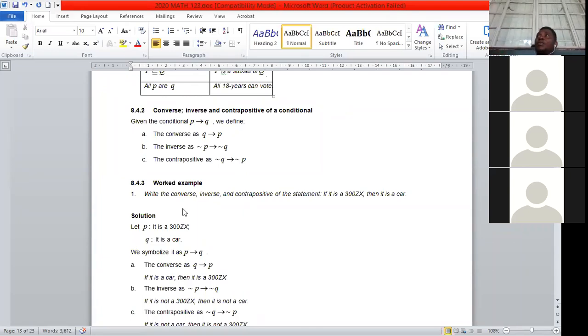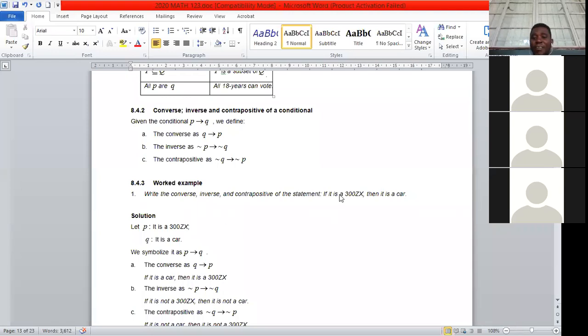Say for example, write the converse, inverse, and contrapositive of the statement: if it is a 300ZX, then it is a car. What is my P statement there? It is a 300ZX. That is the first statement. My Q statement is: it is a car.